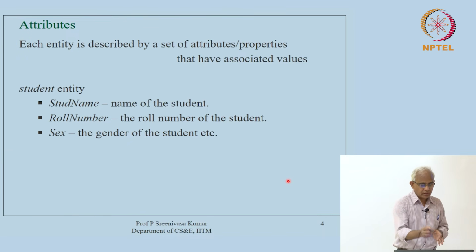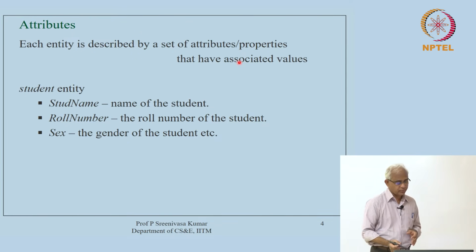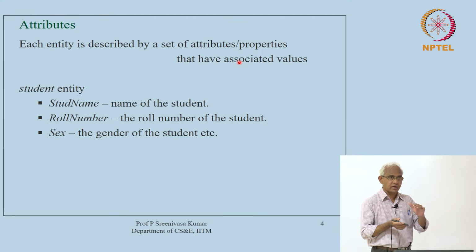So, basically attributes are used to describe the entity in more detail. Each entity is described by a set of attributes or properties, and in this context we will also assume that the entities of a particular entity type all have the same set of attributes.